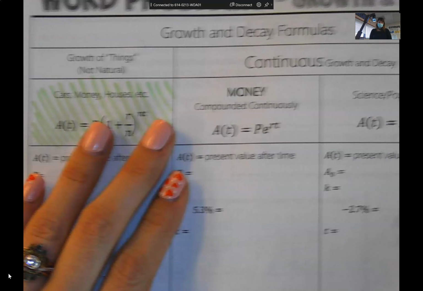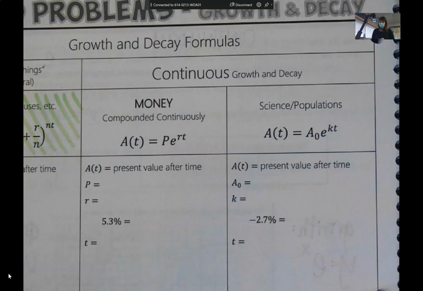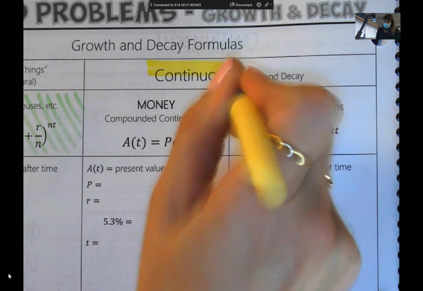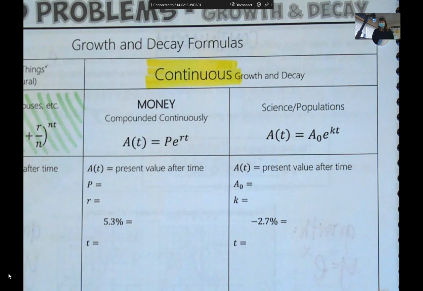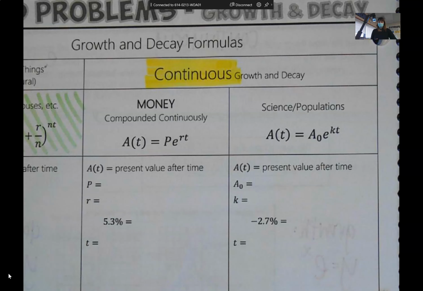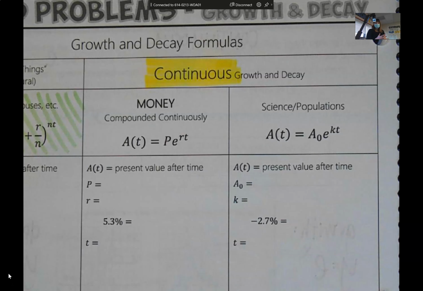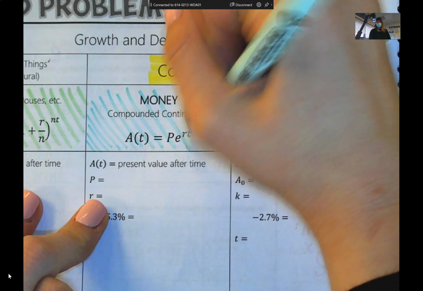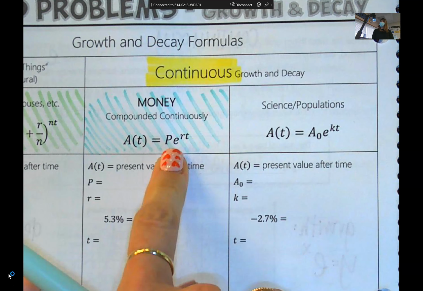The other two give you an example of continuous growth and decay. And the key here is the word continuous. So the first formula is for things. The second formula is for continuous growth or decay. These formulas are essentially the same. One of them is called the PERT formula because it literally looks like the word PERT, P-E to the R-T.